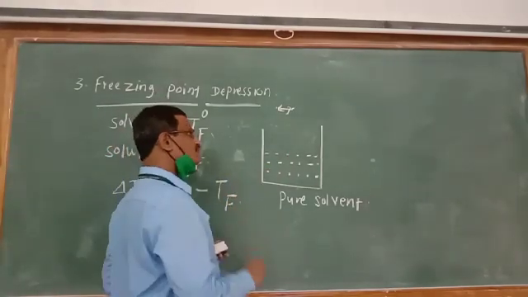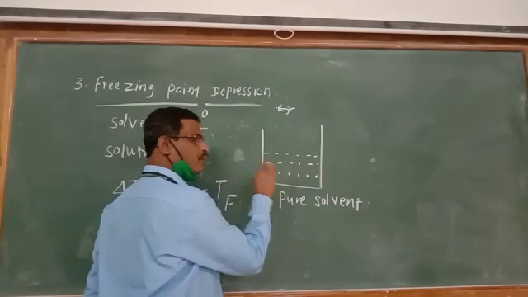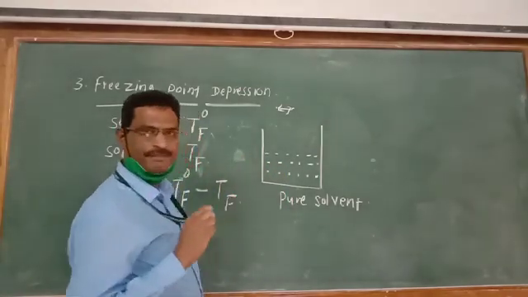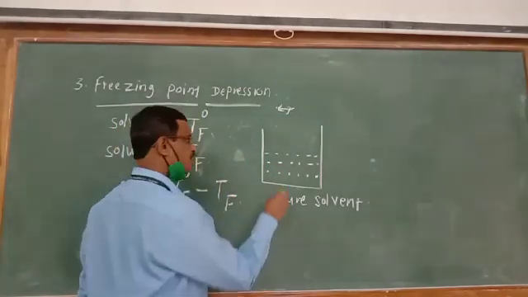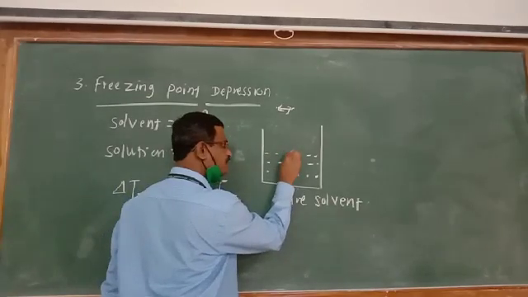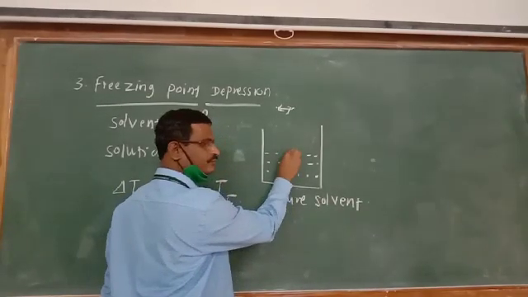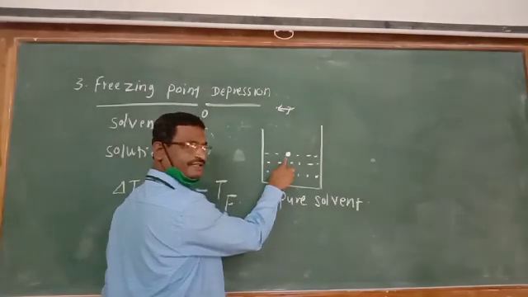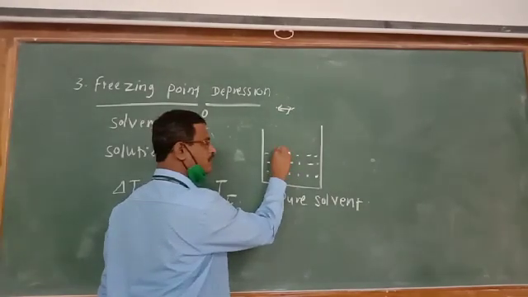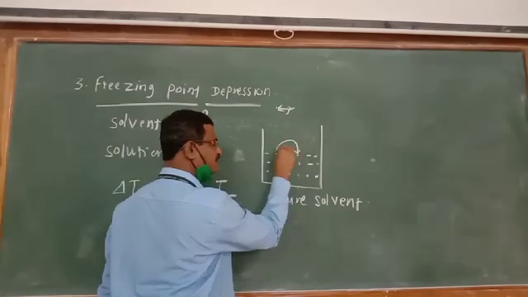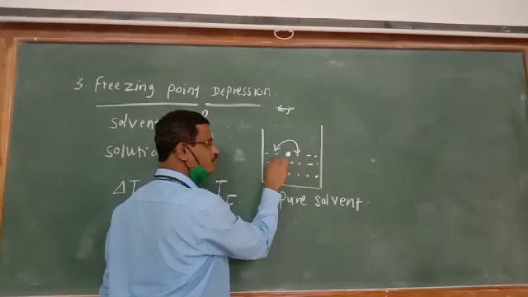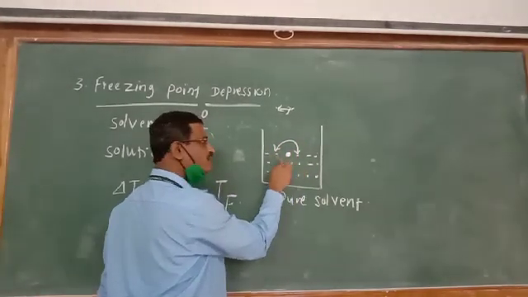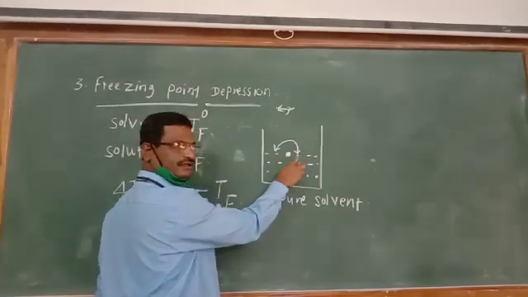But if solute is added, some of the solute molecules replace solvent molecules. Let us consider this is the solute molecule replacing a solvent molecule. For freezing point, we have to consider the distance between these two solvent molecules, and now the distance increases.